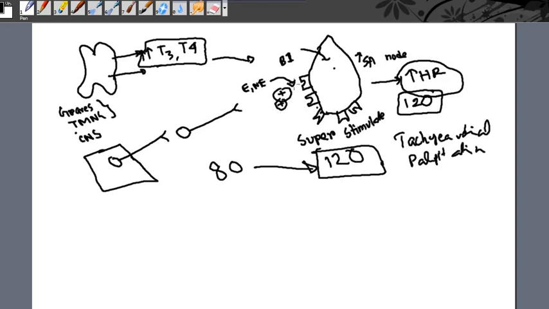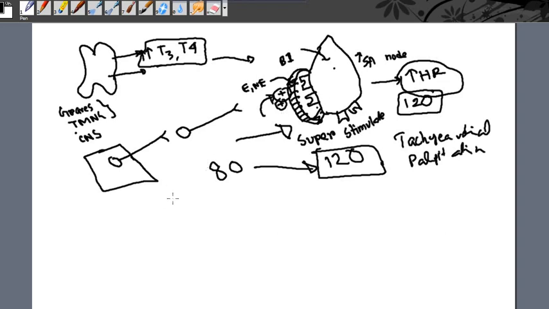So what will the beta blocker do? A beta blocker like propranolol will block this beta 1 receptor. So endogenous norepinephrine and epinephrine now cannot stimulate this beta 1 receptor, so they cannot super stimulate the SA node in thyrotoxicosis.